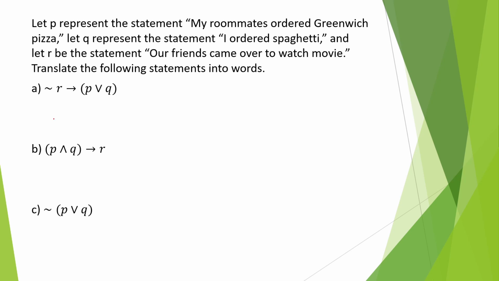Okay, so this one is if then. So therefore this is conditional. We will start with if, and this one is negation. So what is our R? Our R here represents our friends came over to watch movie.